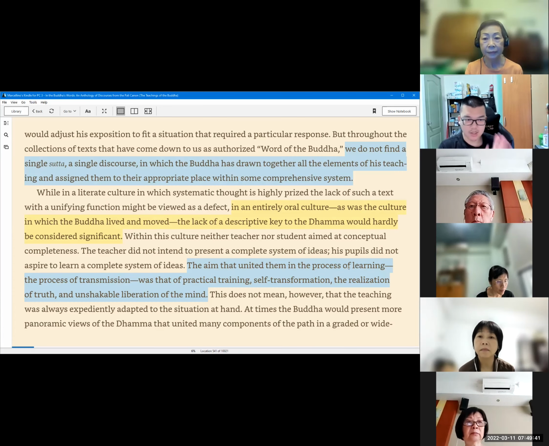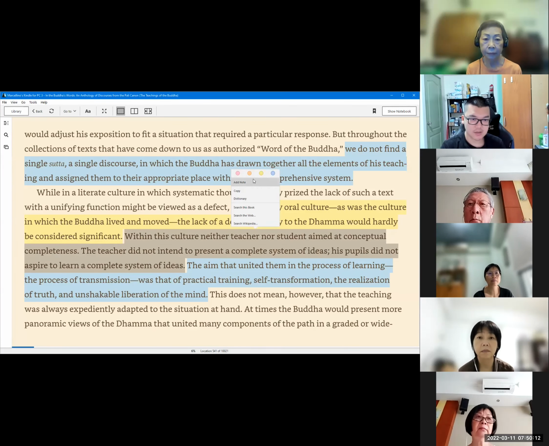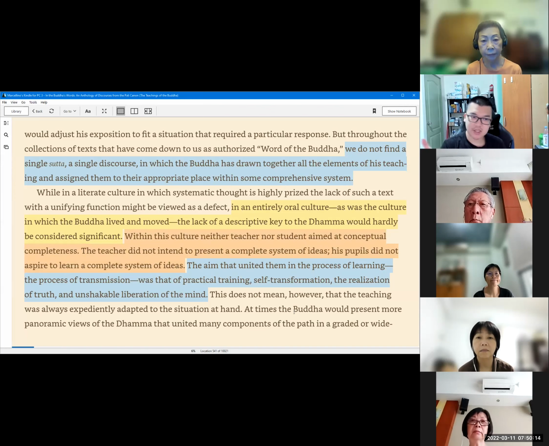Okay, so this is the reason why there's no systematic structure coming from the Buddha. Firstly, the context is that it was an entirely oral culture, as was the culture in which the Buddha lived and moved. The lack of a descriptive key to the Dharma was not considered significant at that time. Let me highlight this. Within this culture, neither teacher nor student aimed at conceptual completeness.